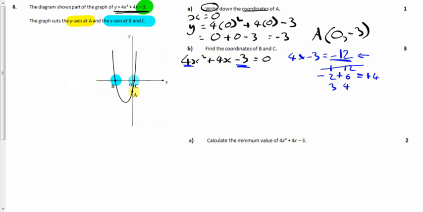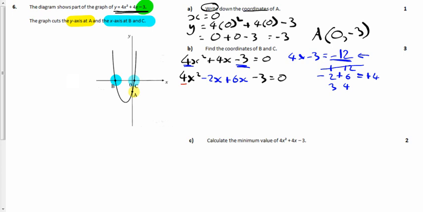So, I can start factorising this. 4x squared, and I can replace the plus 4x with minus 2x plus 6x, and the minus 3 remains unchanged at the end there.